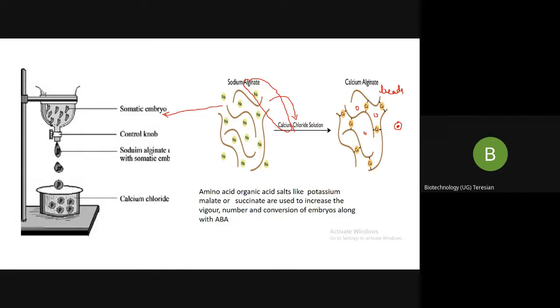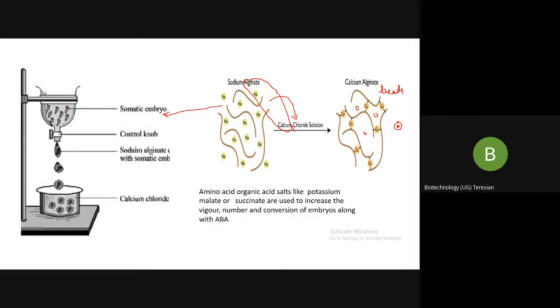So your hydrated encapsulated somatic embryos are comparatively better than the desiccated ones. Sometimes they will be similar to your uncoated somatic embryos. What are uncoated somatic embryos? These are just your embryos.